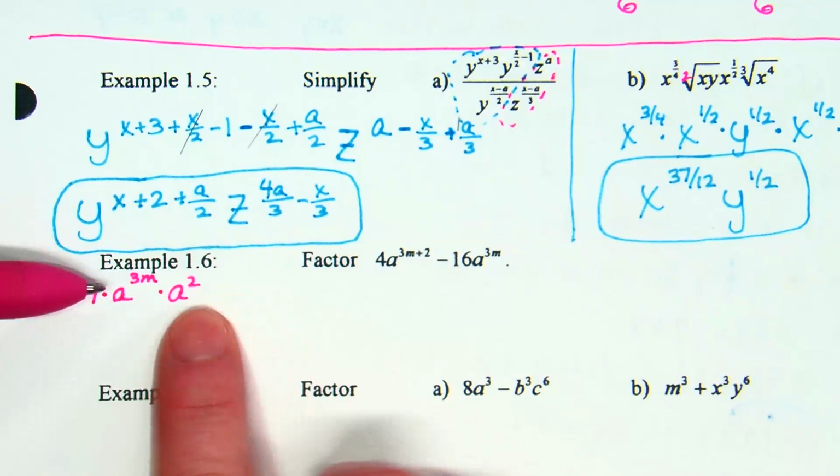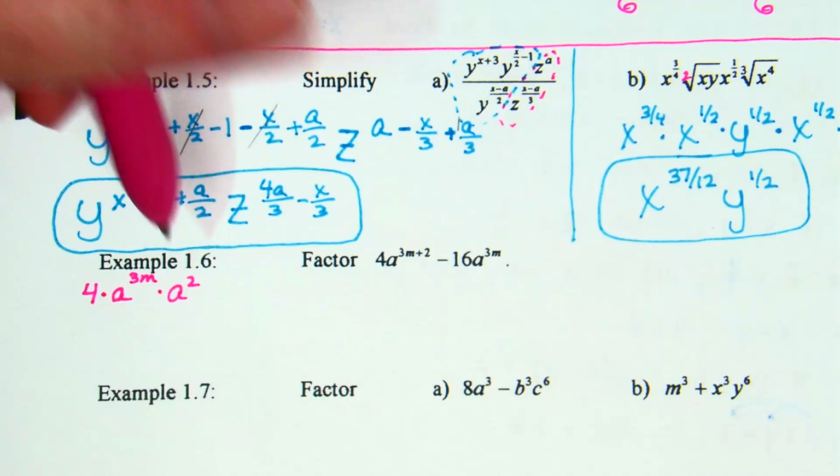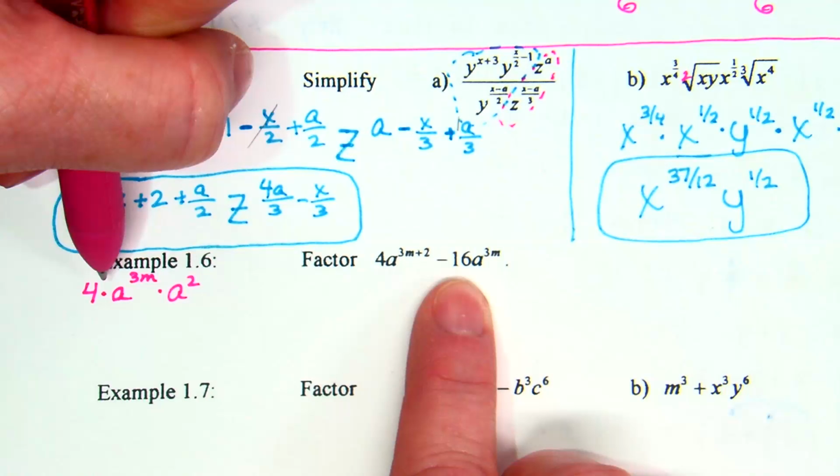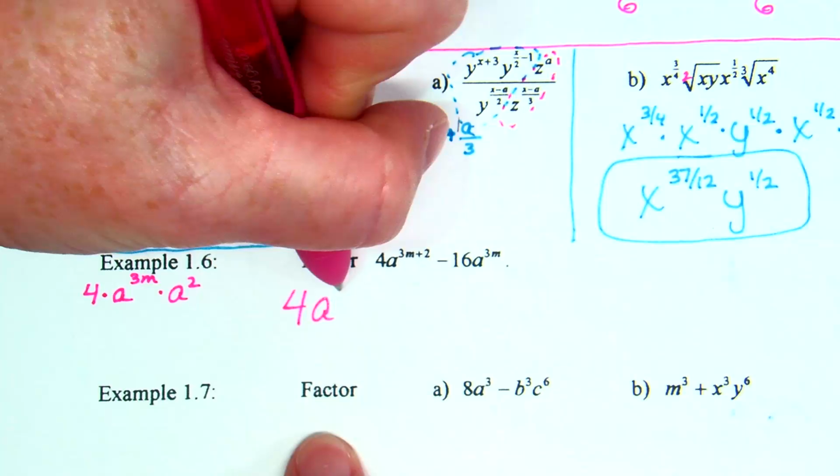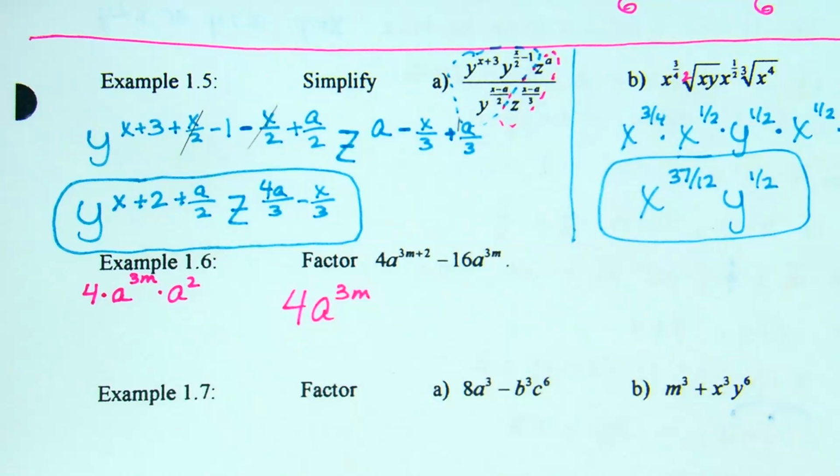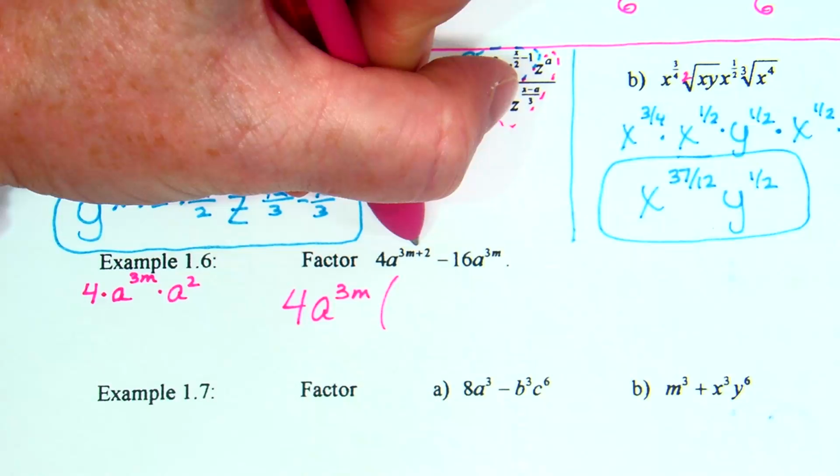They both have a 4 out front, because 4 is a factor of 16, and a to the 3m. So we can factor out GCF of 4a to the 3m. Leaving us up front, the 4 is gone, a to the 3m is gone. We still have a to the 2nd minus, what about this one?